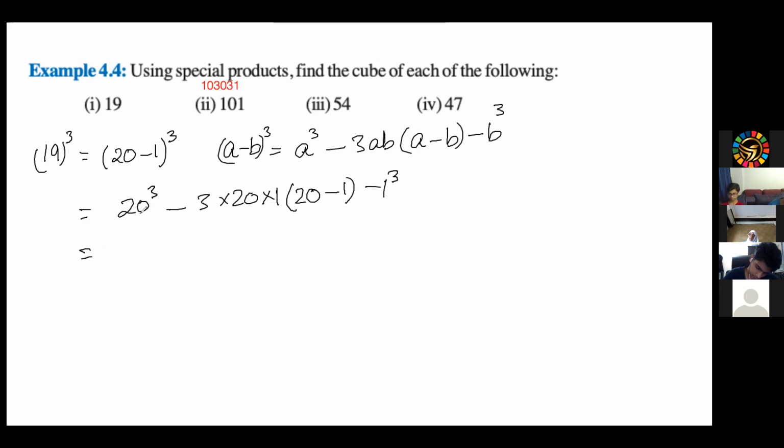So I have applied the formula. So what is it? 20 cube is how much? 2 twos are 4, 4 twos are 8, and how many zeros? 3 zeros, because 1 zero is there, so cube makes 3 zeros. 3 twos are 6, 60 into 19. 20 minus 1 is 19, and minus 1.